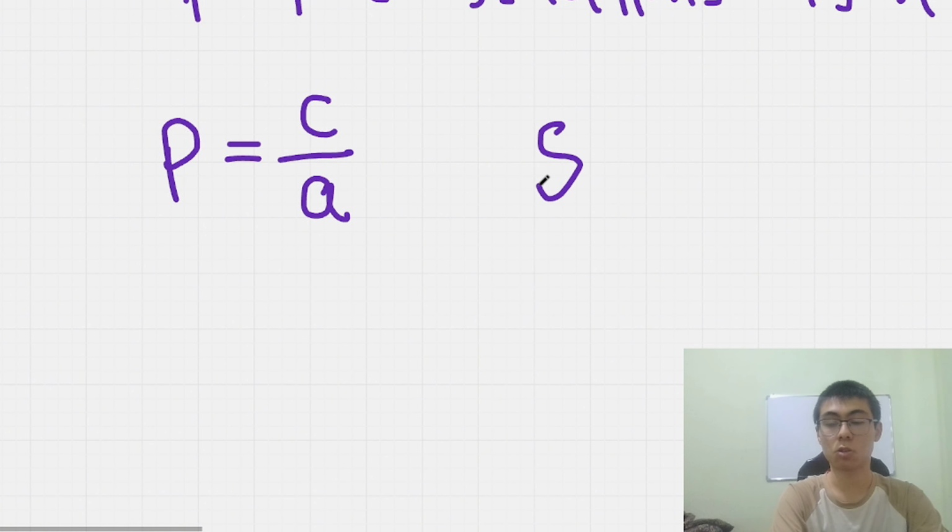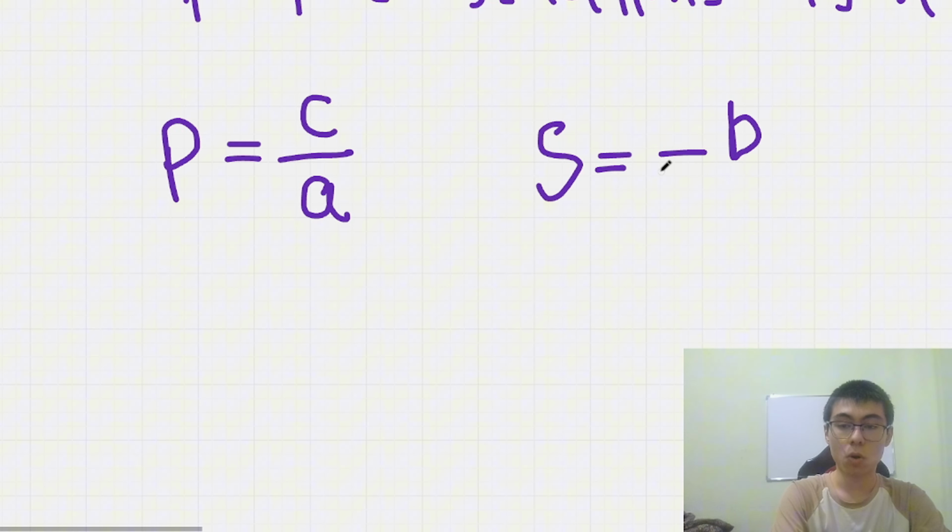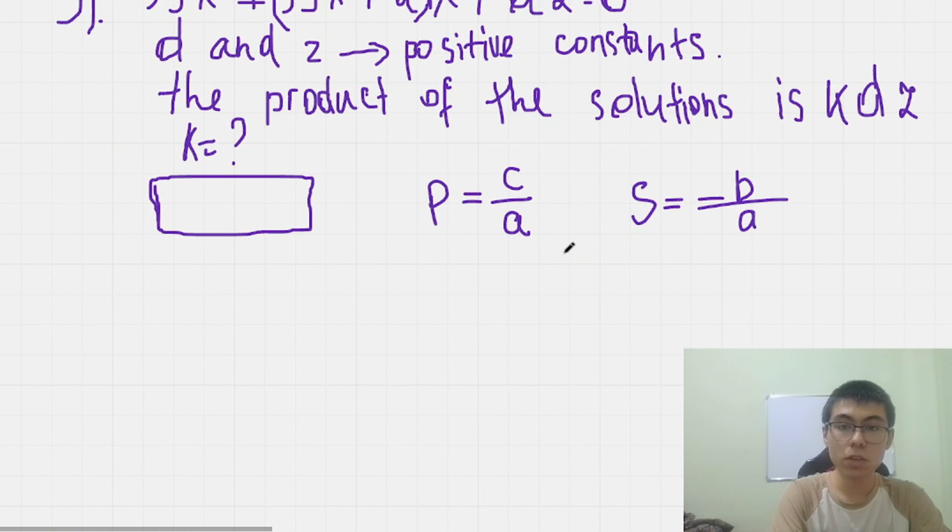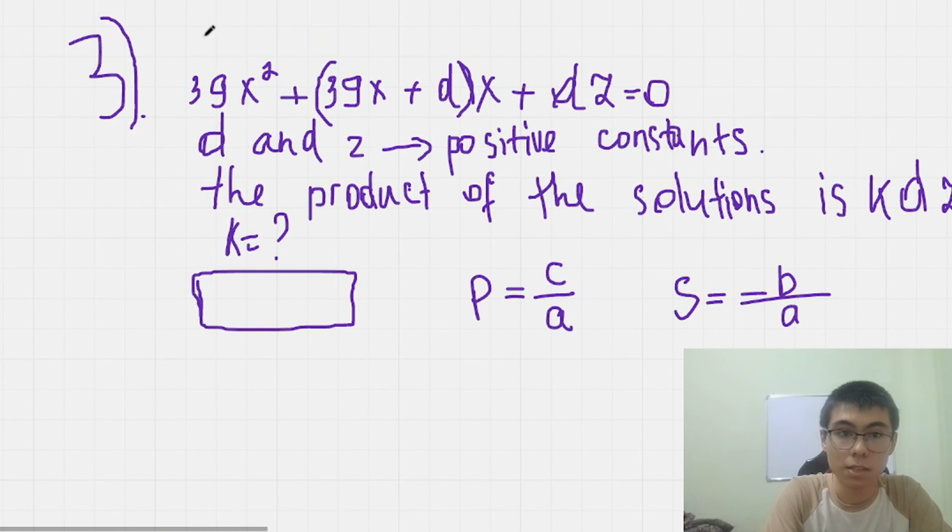So you also need to know the sum of the solutions, which is minus B over A. So in this case, this 39 is A. All of this thing, 39x plus z is B here. And dz is C.